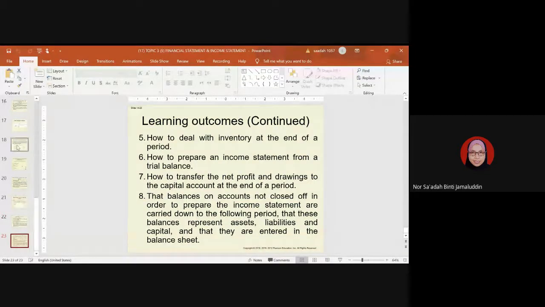When you ask me how to post all the Trial Balance to the financial statement, my answer is: the first important part is you must remember all the formats for the comprehensive profit and loss account, which consists of the trading account and the profit and loss account. You should remember which column the item should be recorded in.